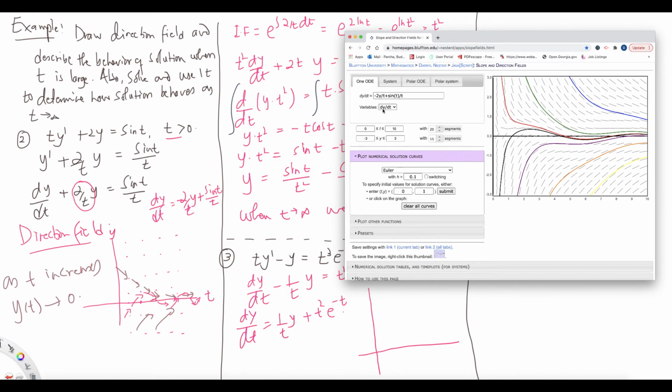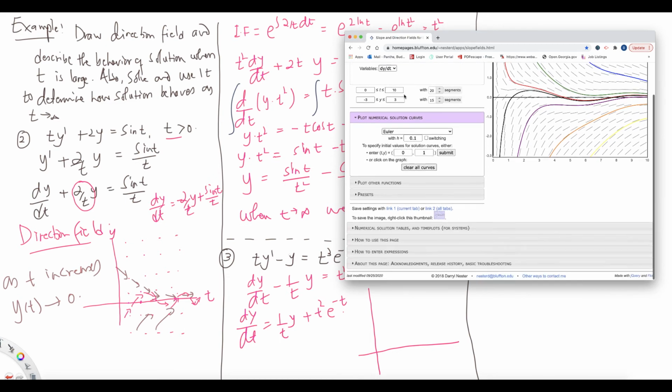So dy over dt equals 1 over t times y, and then instead of the constant term there is t squared e to the minus t, so t squared times exponential of negative t. That's how you plot it.